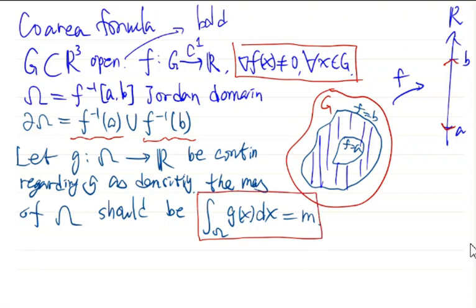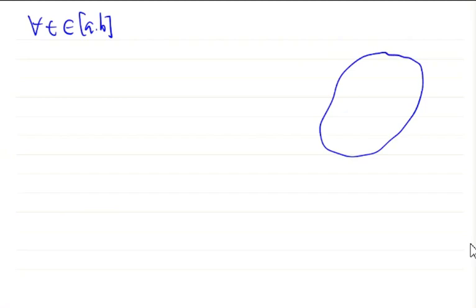Okay. Now we consider this from another standpoint. So for any t in the interval AB, this is F equal to t. We take a point x in this surface.